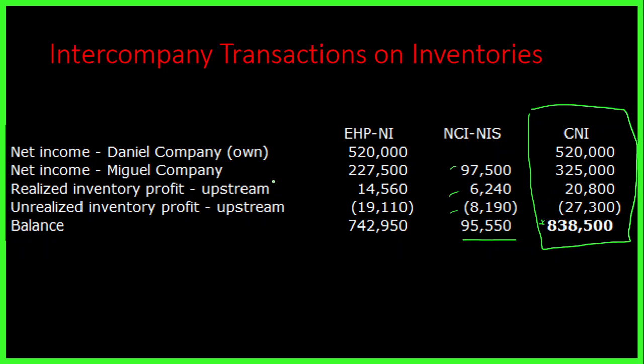Because this is an upstream sale. If this one is a downstream sale, the entire deferred gross profit and unrealized gross profit, no, will be an adjustment in your equity holdings of the parent. Ayan. Or the parent's CNI as far as the parent is concerned.